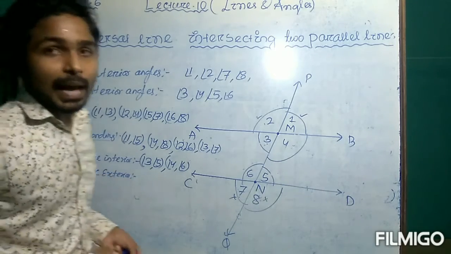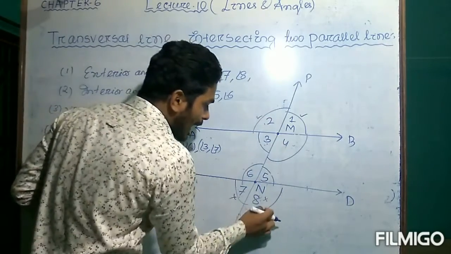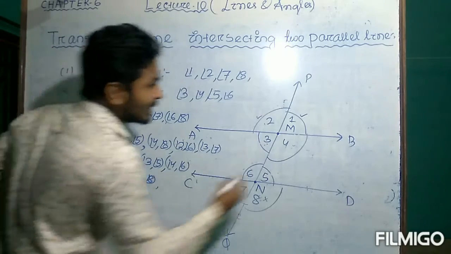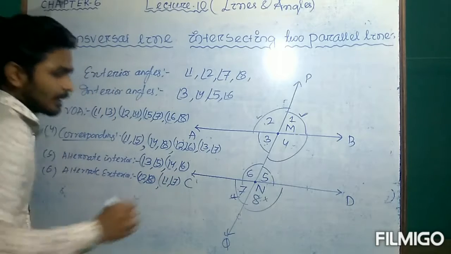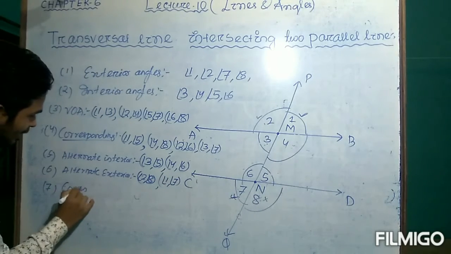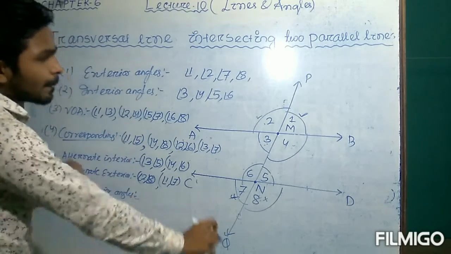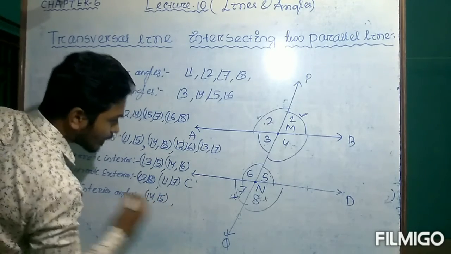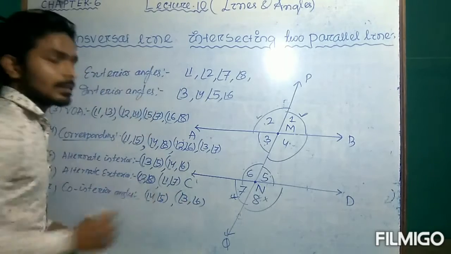So the pair of angles should lie on the exterior side and on the opposite sides of the transversal line. 2, 8 and 1, 7. Okay. Next angle is co-interior angles. Okay. So 4 and 5 are co-interior angles. Or 3 and 6 are also co-interior angles.